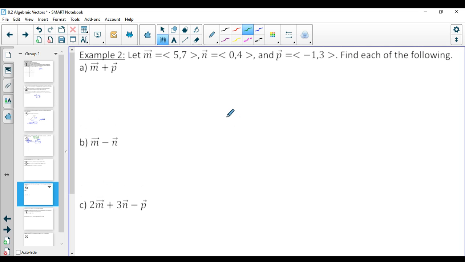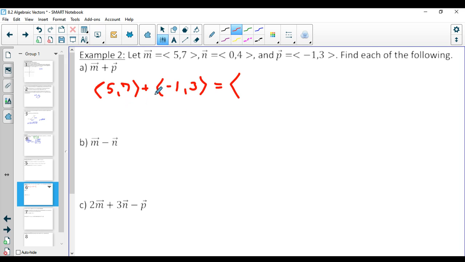For example 2, let m, n, and p equal these vectors. Find each of the following. So m plus p: m is (5, 7) plus p is (-1, 3). We added vectors geometrically before, but now we're doing it algebraically.